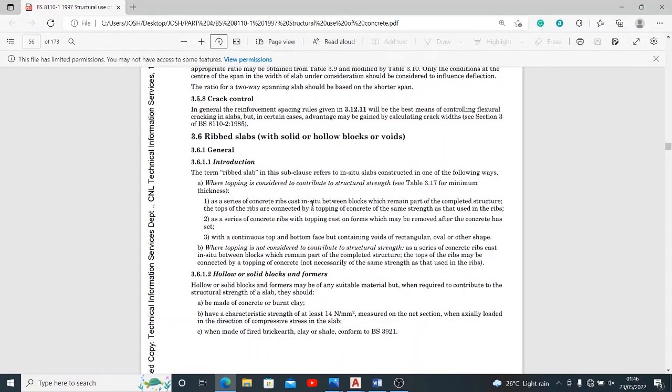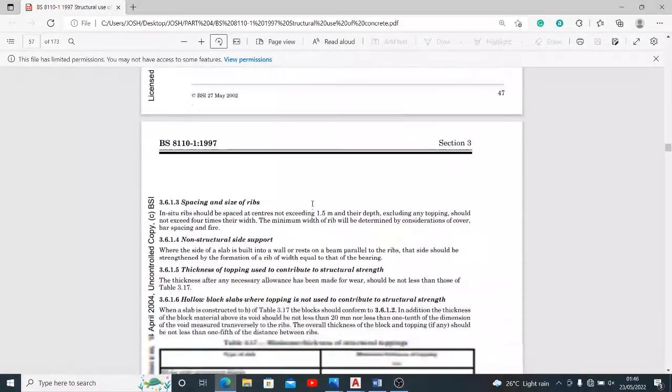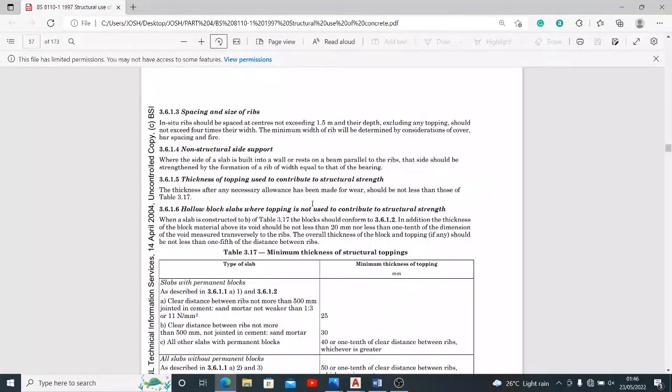Moving on, clause 3.6.1.3 speaks about the spacing and size of ribs. I'll be showing you something so that you'll be able to relate with what this clause and other ones will be saying. So I want you to pay close attention as I show it to you.